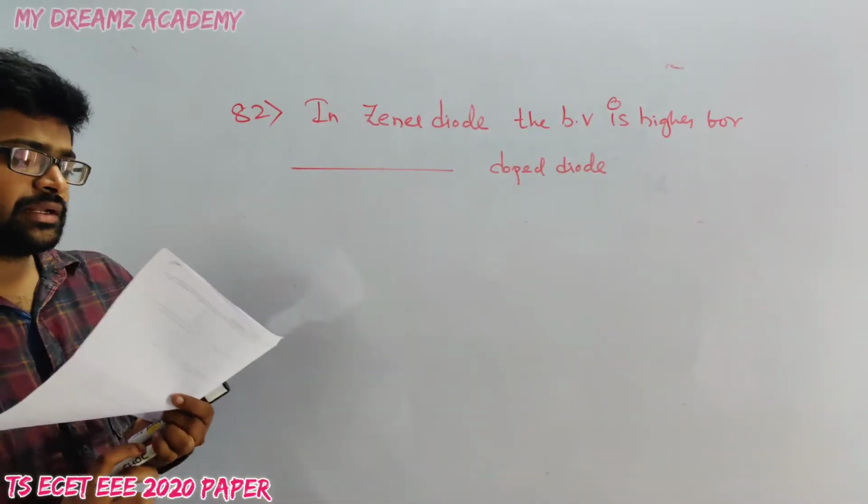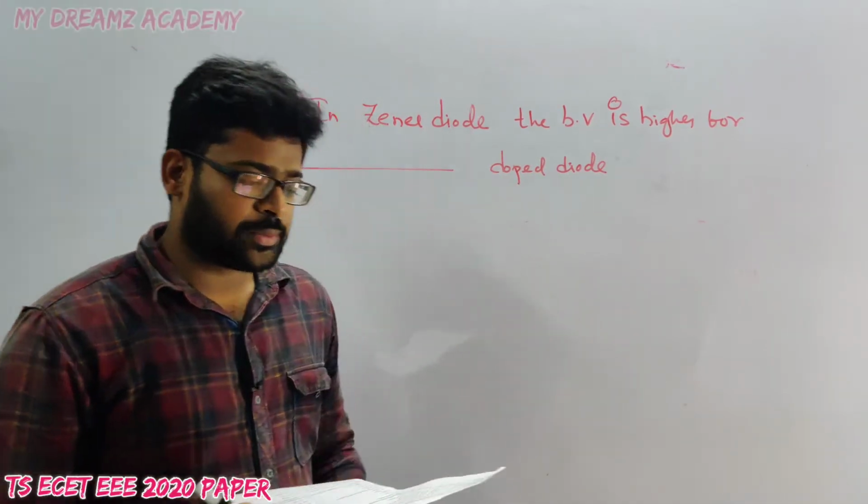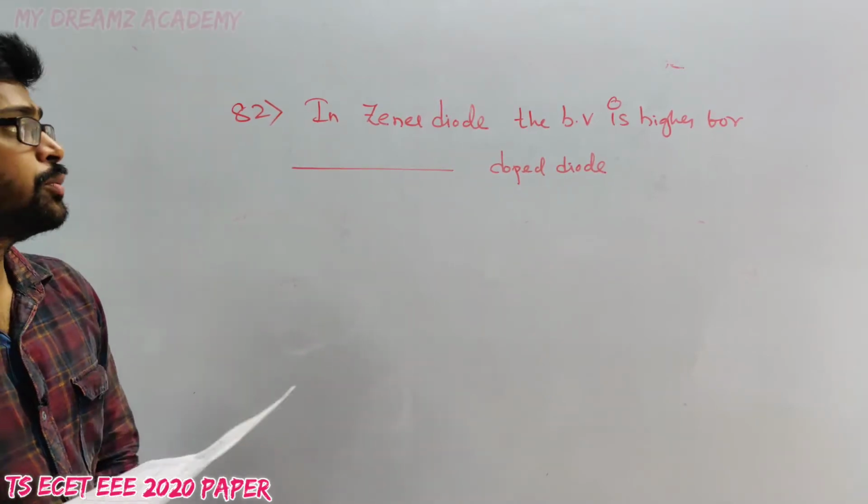Options are A lightly doped, option B moderately doped, option C heavily doped, option D more heavily doped.